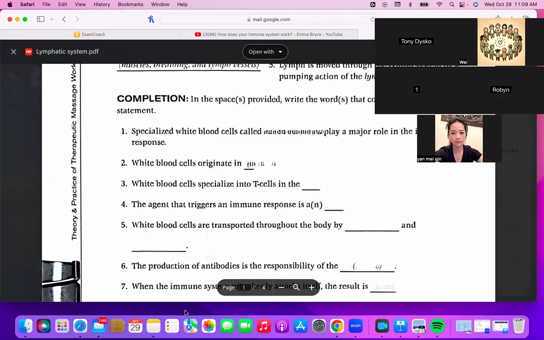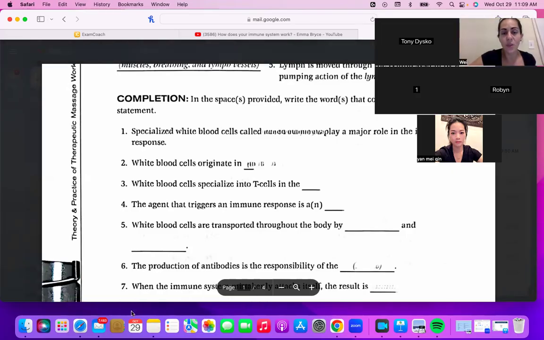All right. Specialized white blood cells that play a major role in the immune system are called what? Lymphocytes. Yes, correct. Now, where do white blood cells originate, where do you make them?